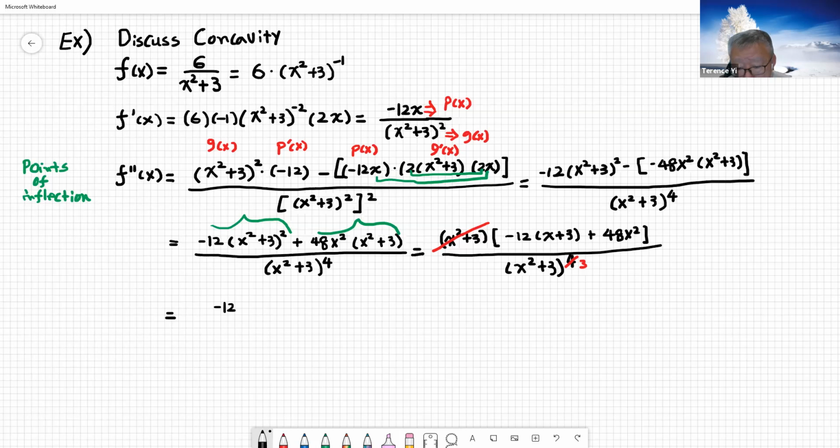That should be x squared. Sorry about that. Okay. So that means I have a minus 12 (x squared plus 3) plus 48x squared, divided by (x squared plus 3) to the cube.